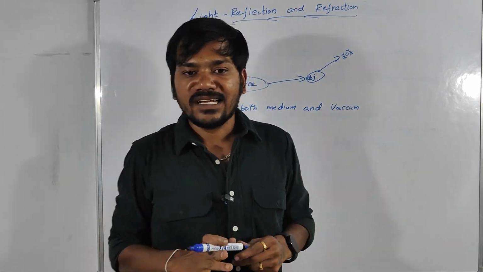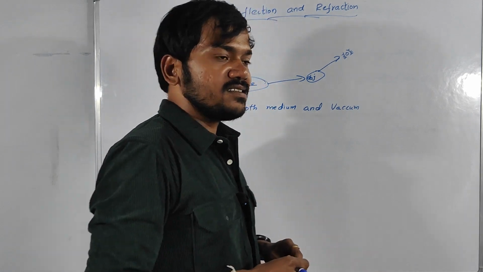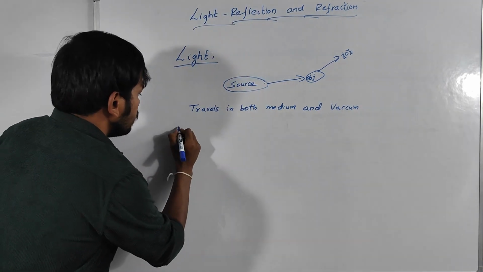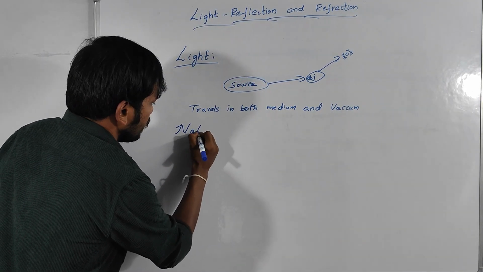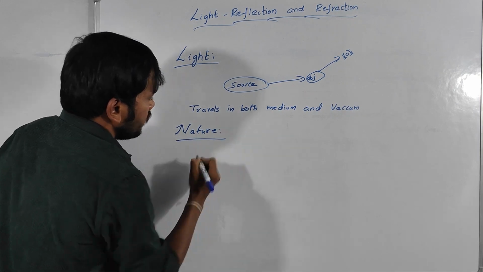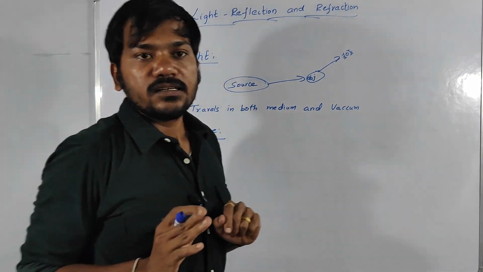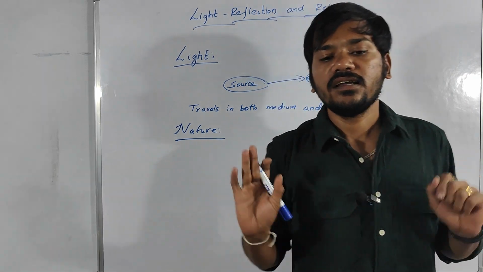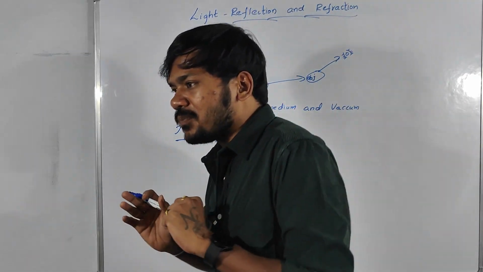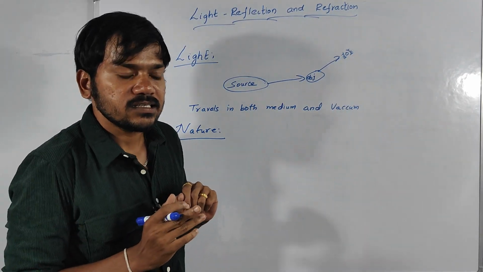Now, what is the nature of light? Some scientists discuss the nature of light. Some scientists say it has a particle nature, and some say it has a wave nature. Now, what is this particle nature? What is this wave nature?